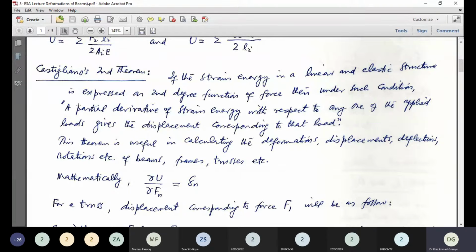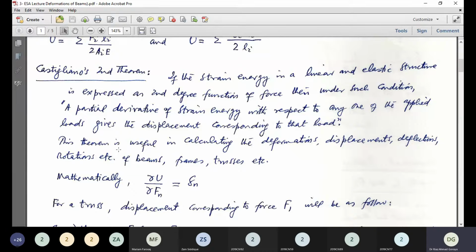This is to be underlined: gives the displacement corresponding to that load. This strain energy, which has been represented as a second degree function of the force, we take the partial derivative with respect to a particular load, where we need the deformation. So this equation will give us the deformation corresponding to that load, not anywhere else.